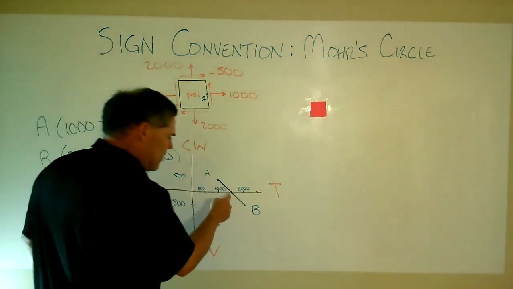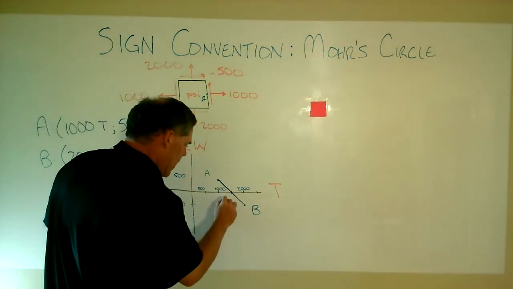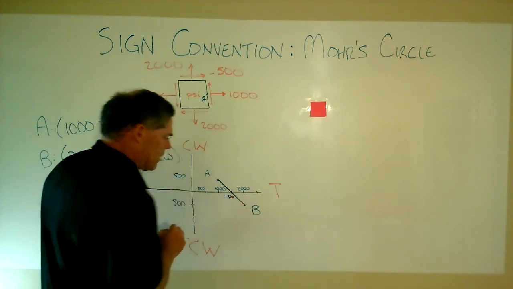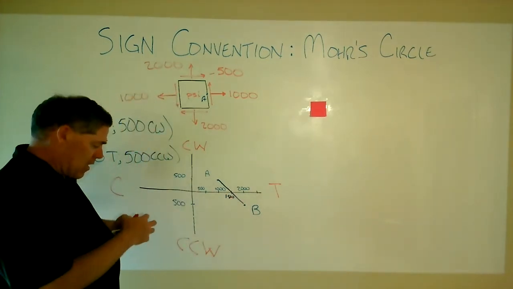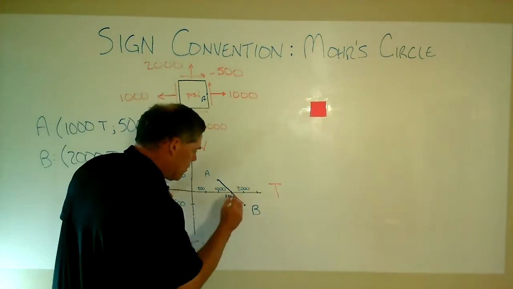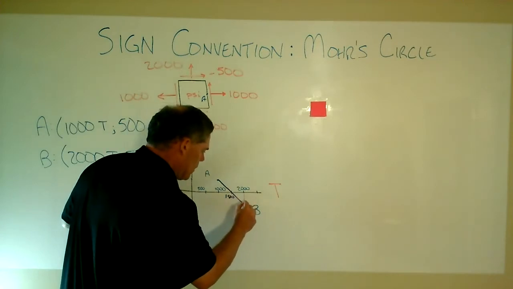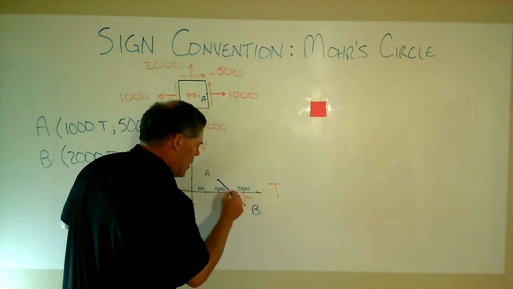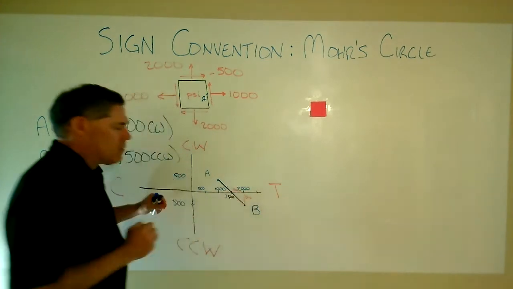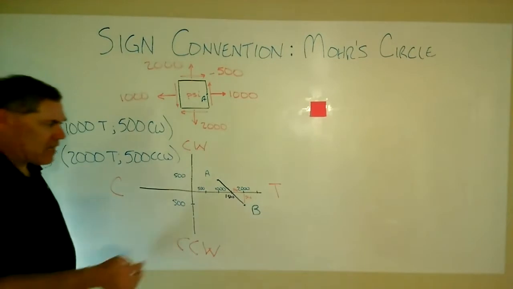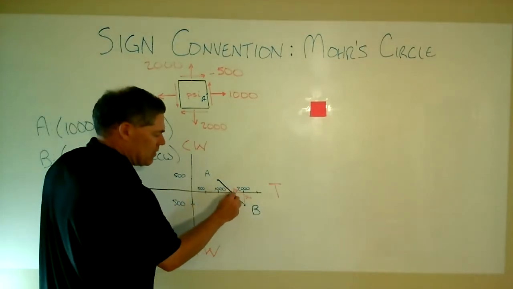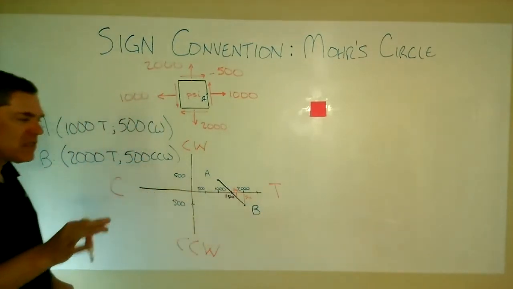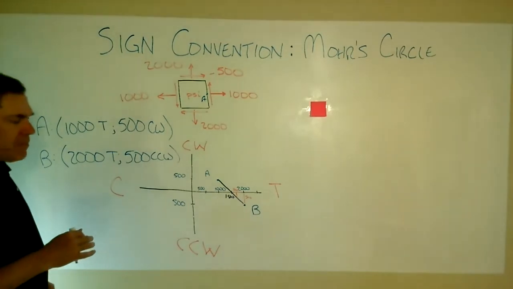That would be 1,500, which is where the center of that circle is. That means this triangle turns out to have equal sides in this particular case, 500 and 500. So we know right off the bat that the angle is going to be a 45-degree angle.